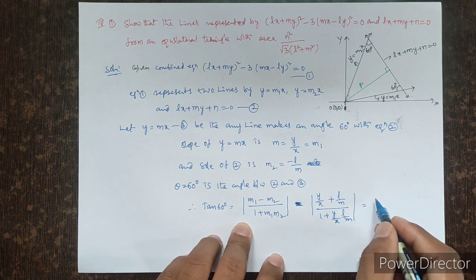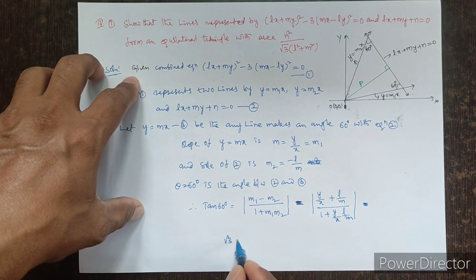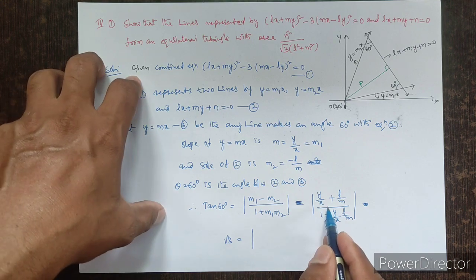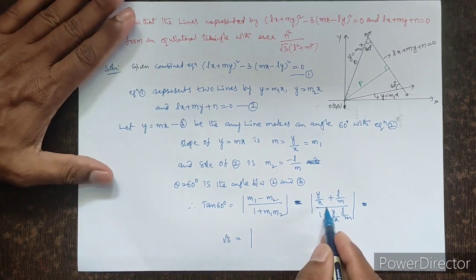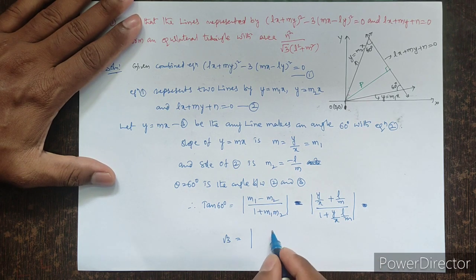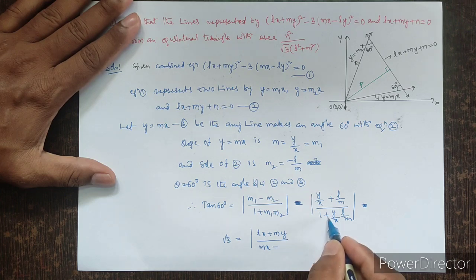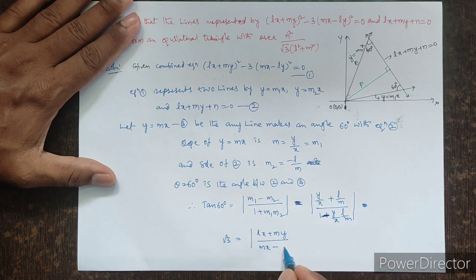So tan 60 is root 3, that equal to y by x plus L by m, taking LCM as mx, so Lx plus my by mx, by 1 minus Ly by mx.